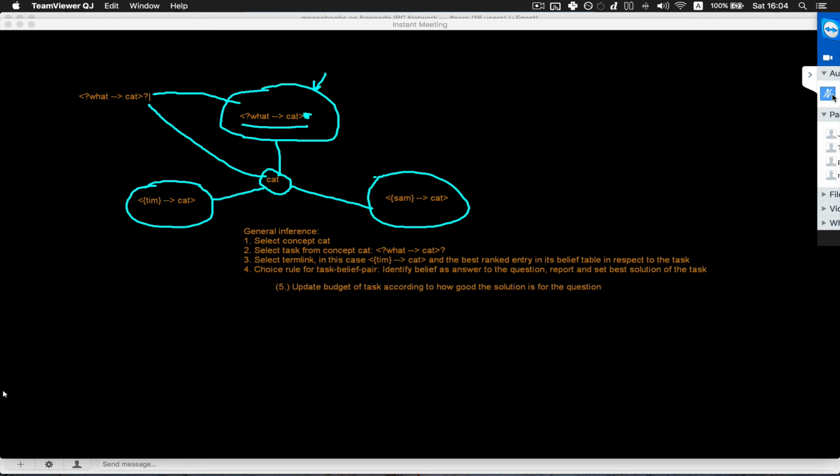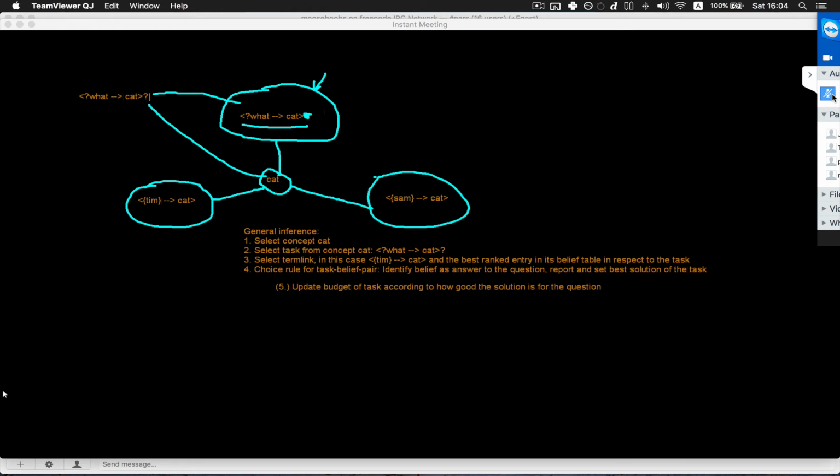Okay, so is there a choice rule in the meta rule DSL? Oh no, because the choice rule is not generating any new conclusion. It's just assigning a solution to a question.